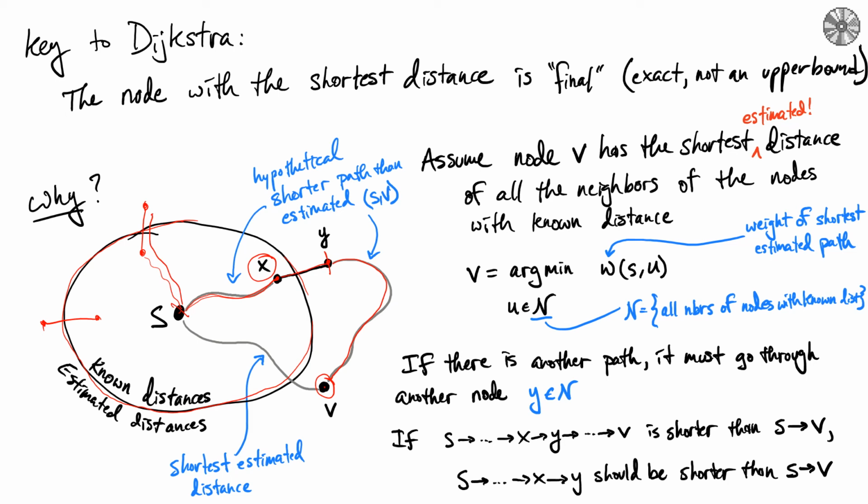And so that's why if S to V is actually the shortest, then it has to be certain, and it has to be the only shortest way to get there. There's not a shorter way that could take another path using a different neighbor node to get there.